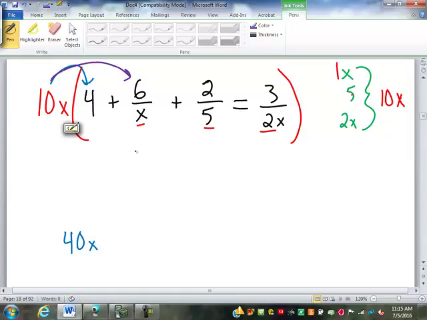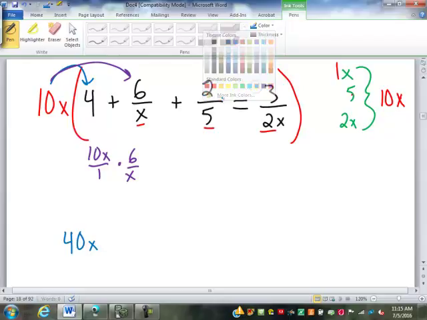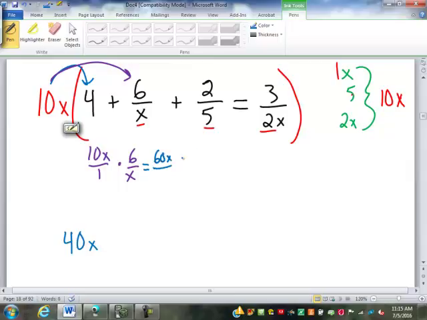10x times 6 over x. Well, the 10x I put over 1 to make it 10x over 1 times 6 over x. I multiply. What is 10x times 6? 60x. What's 1 times x? X. That divides to make 60. The x's just divide out.